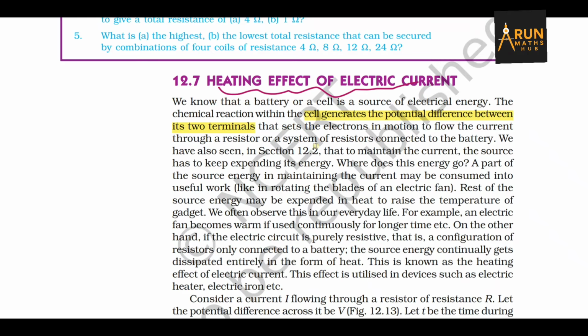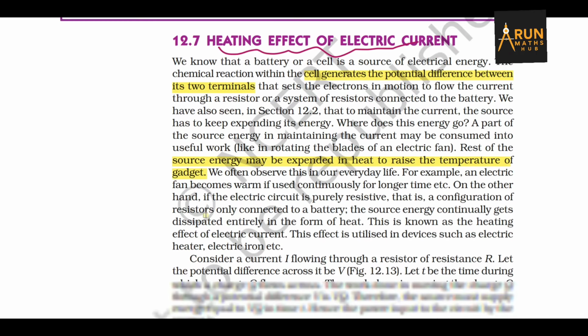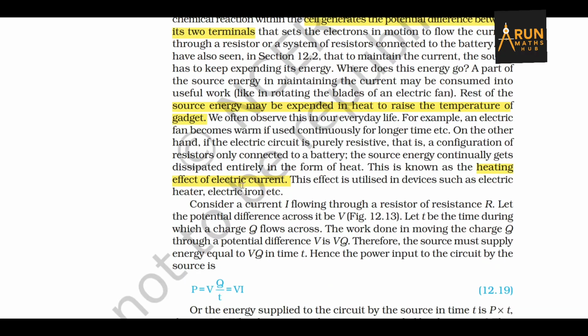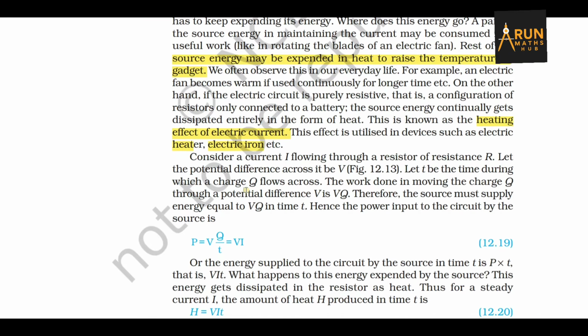Now, say a part of the source energy in maintaining the current may be consumed into useful work, but the rest of the energy is expended in the form of heat. Now that effect is called the heating effect of electric current. This heating effect is utilized in a few devices like electric heater, electric iron box, electric toasters, etc.